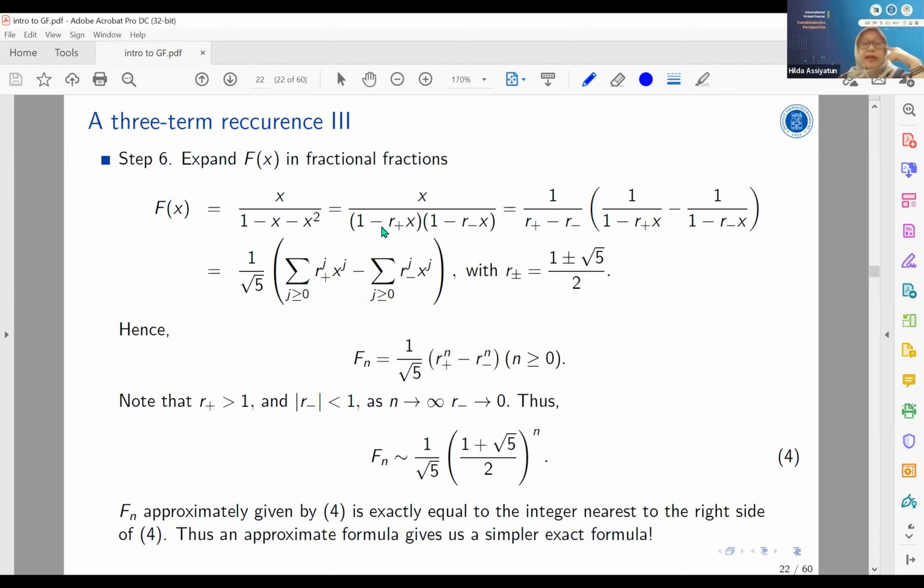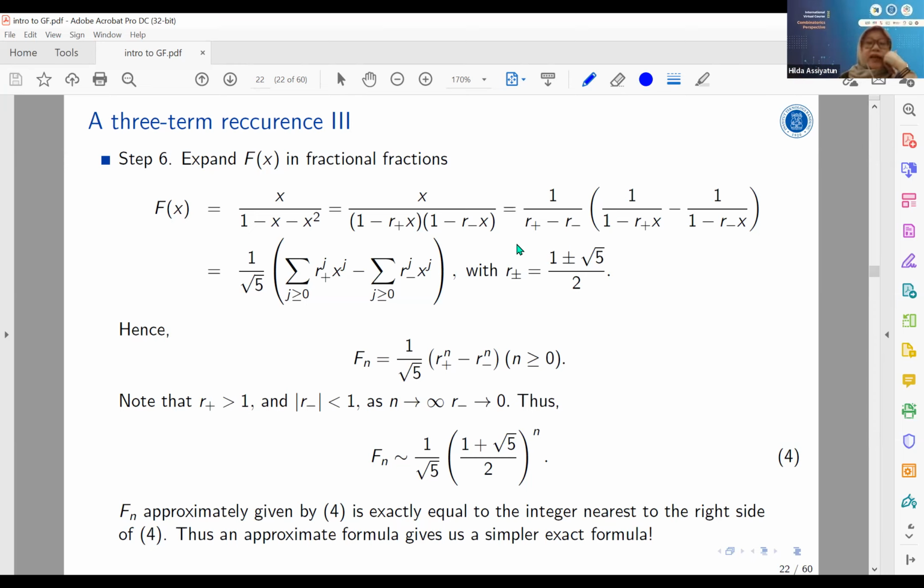Again, here we write down the expansion in the form of the geometric series, in order to easily extract the coefficient.